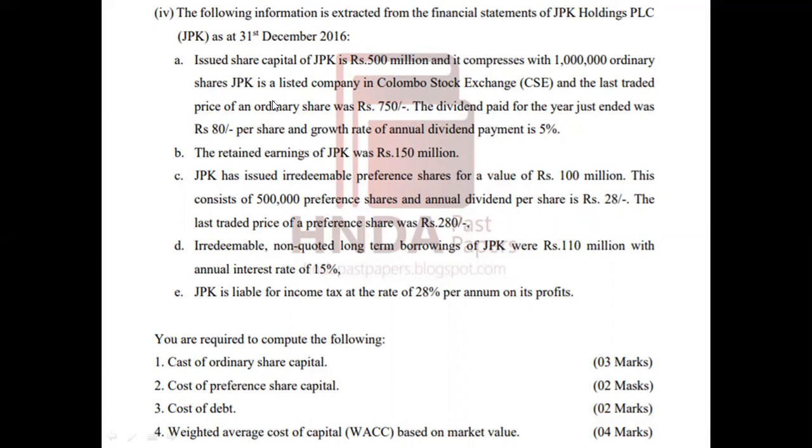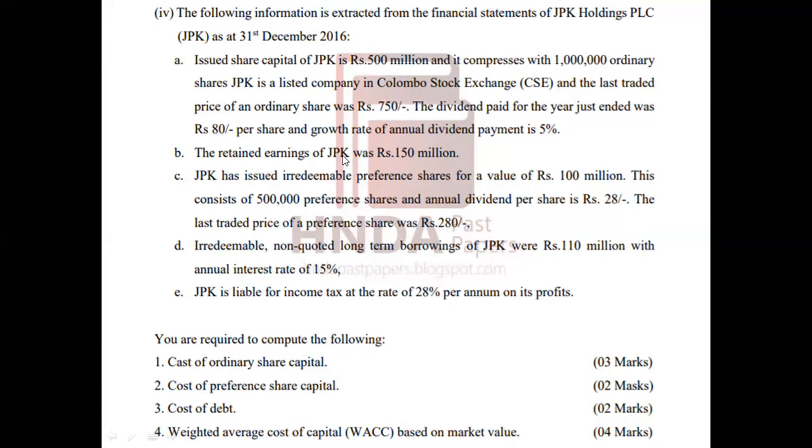In addition to the ordinary share, there are retained earnings also. As I discussed with you in the last session, there is no market value for the retained earnings, but as this is something sacrificed by the ordinary shareholders, definitely there should be an opportunity cost here.